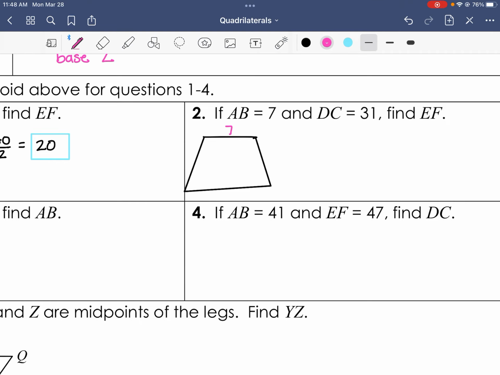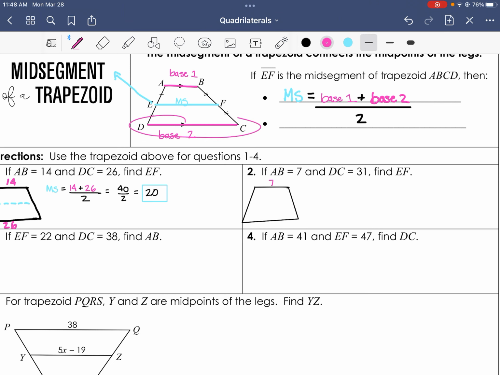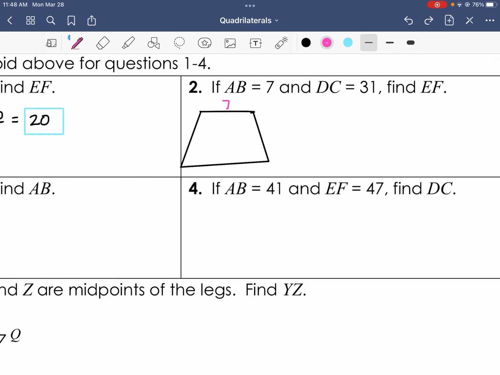So again, AB is the top base. So the top is 7. DC is the bottom one. Remember, this is DC right here. This is 31. It's asking us for EF, which is the mid-segment. You guys do not have to recognize the layout of this trapezoid, by the way. If I give you guys a test, I will always have a picture or have the measurements right on it, okay?